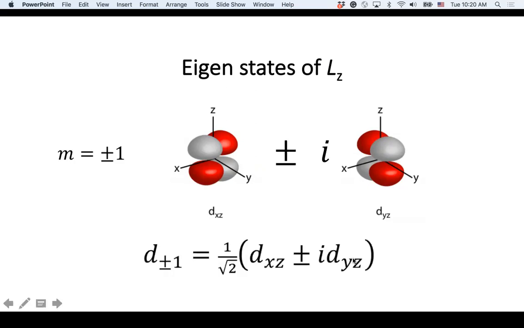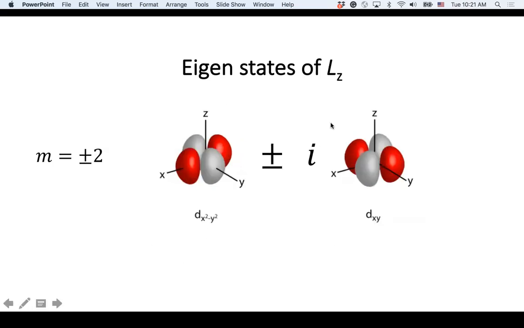So if you use the wave function to represent it, then dxz plus or minus i dyz with a normalization factor 1 over square root of 2 will give you d plus or minus 1. So this is the way they combine to give you m equal to plus or minus 1. Then the third group is when m equal to plus or minus 2.